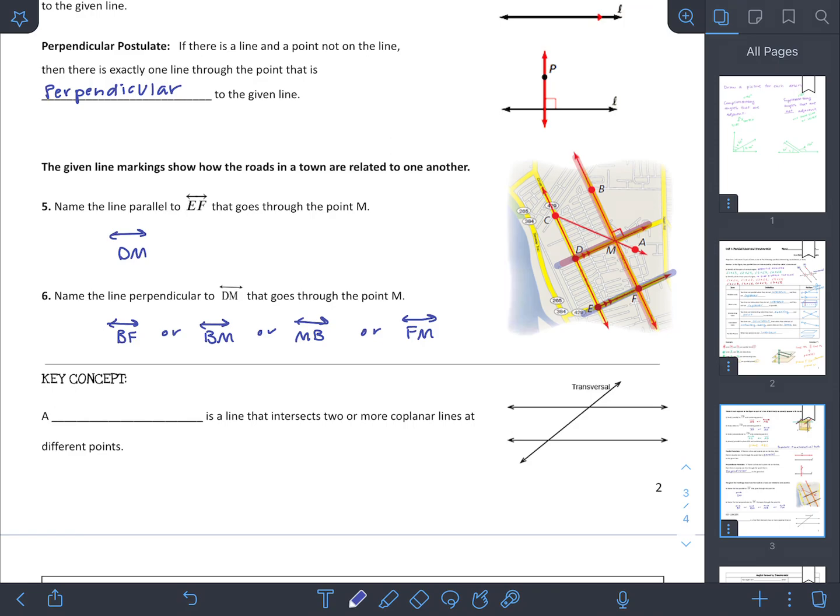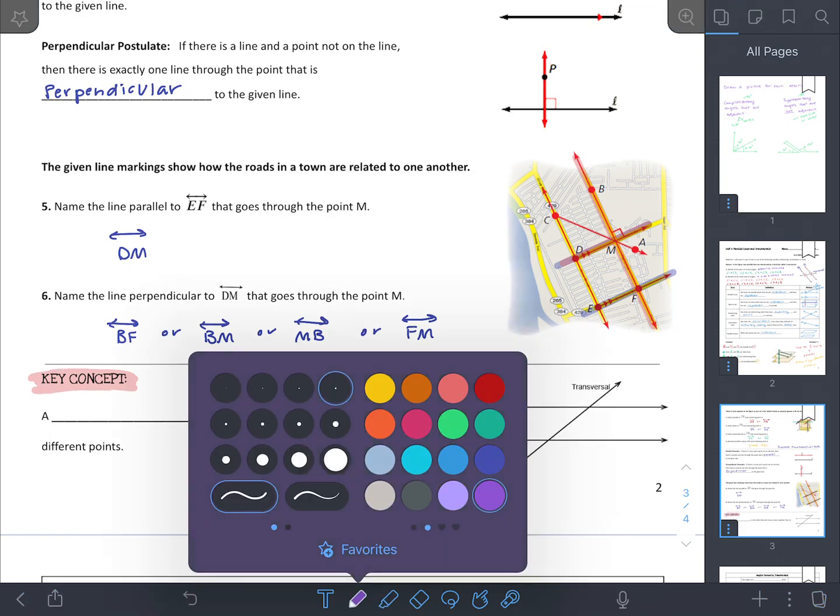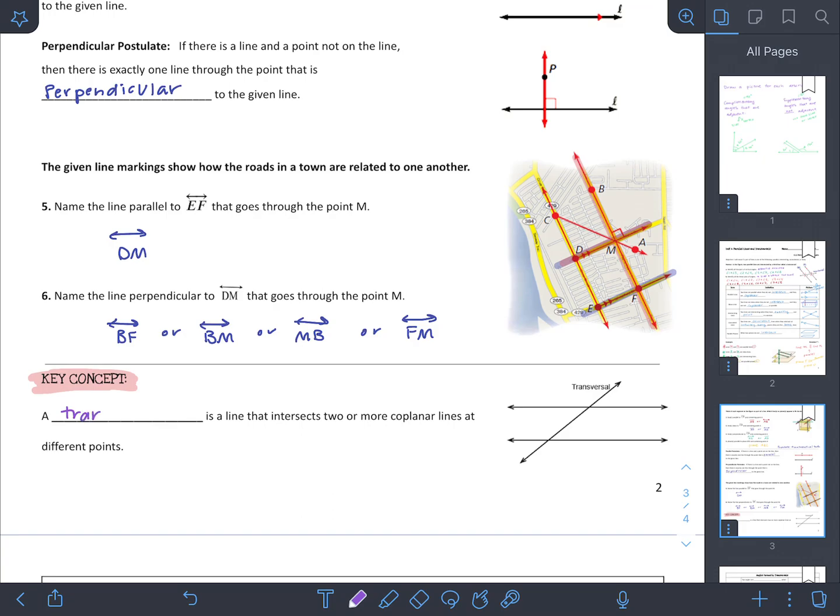And then we're going to do one last term, and then we're going to talk about some angles. So another key concept, and this is a big one that we're going to see a lot, is the transversal. A transversal is a line that intersects two or more coplanar lines at different points. Typically the way we see this is we have two parallel lines cut by a transversal.